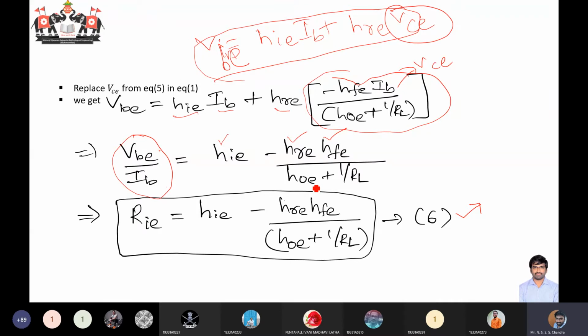They may ask for either CE, CB or CC. Otherwise, they may directly give you the hybrid parameter values or the load resistor values, and ask you directly to find the voltage gain, the current gain, and so on.